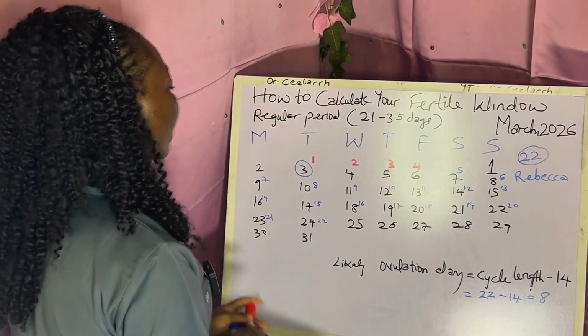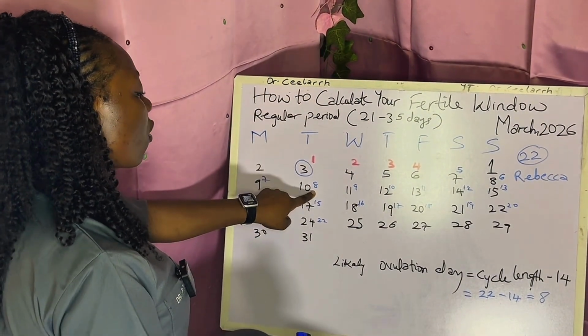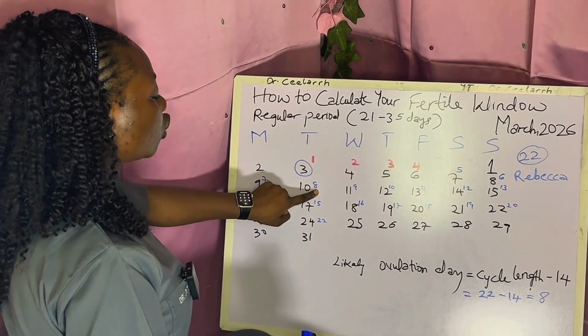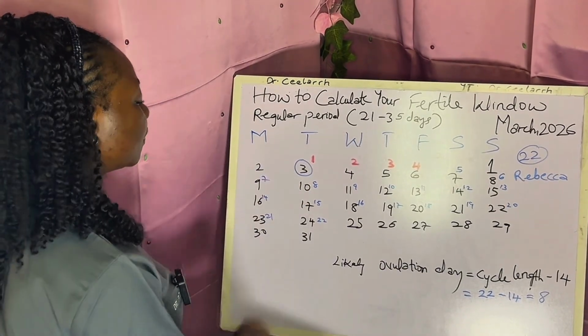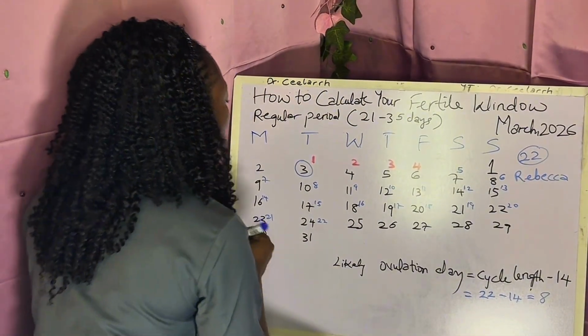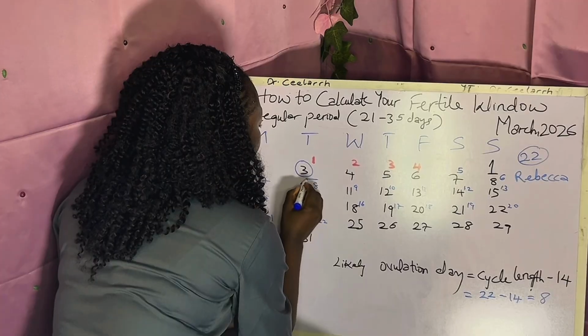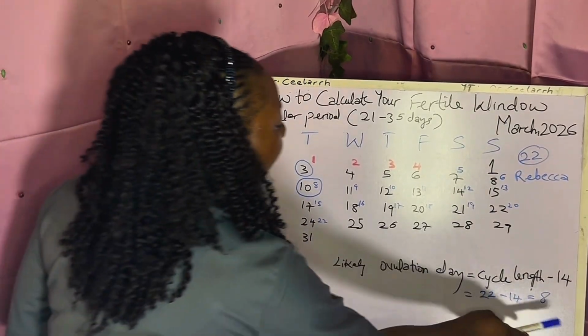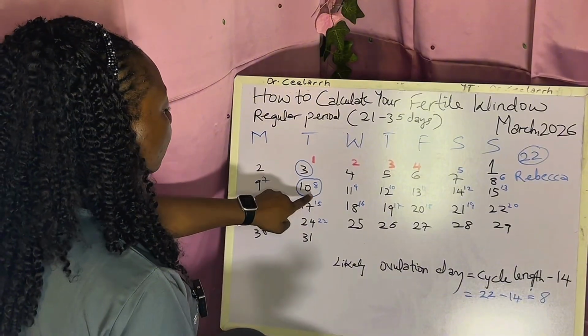Yes. So because of that, we now know that the 8th day of this cycle is the 10th of March 2026. So this is her likely ovulation day, because we said it's the 8th day of this cycle.